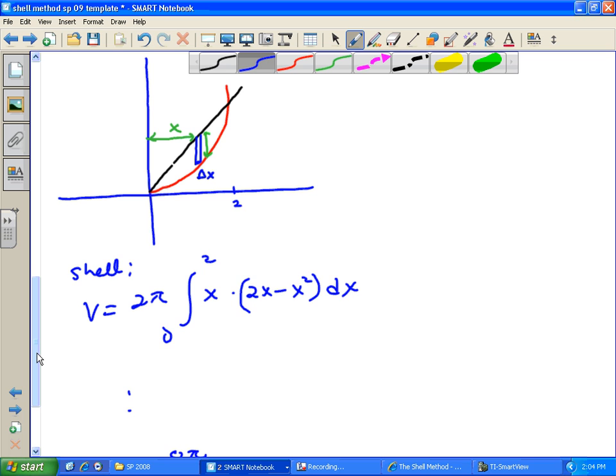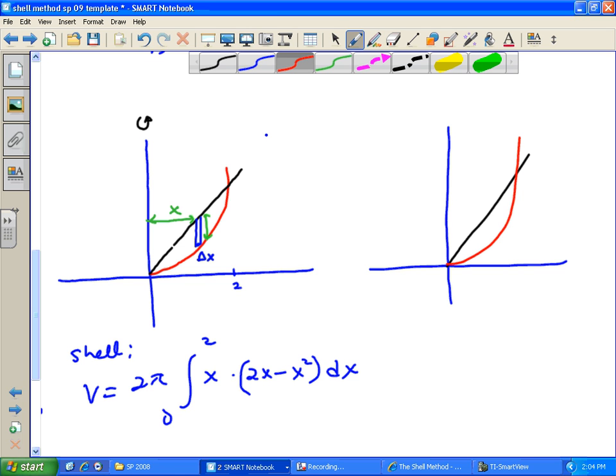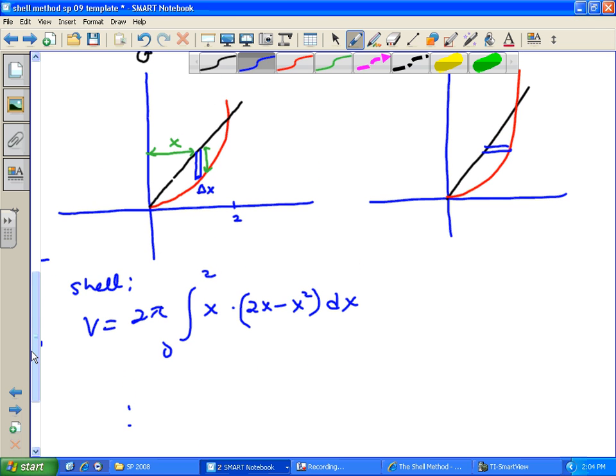Same problem, but I'm going to pick a different kind of rectangle. We're still going around the y-axis. We still have the same two functions. But now I'm going to pick a rectangle this way. That will force me to use which method?